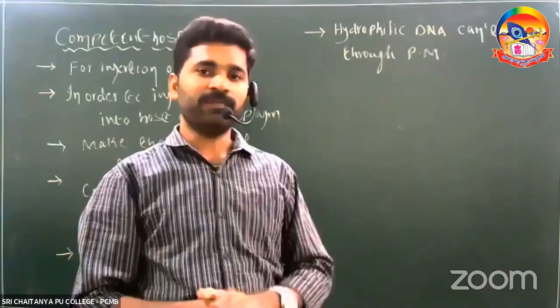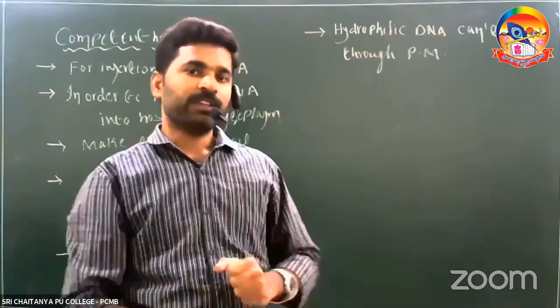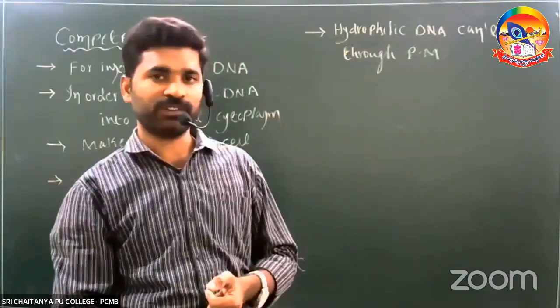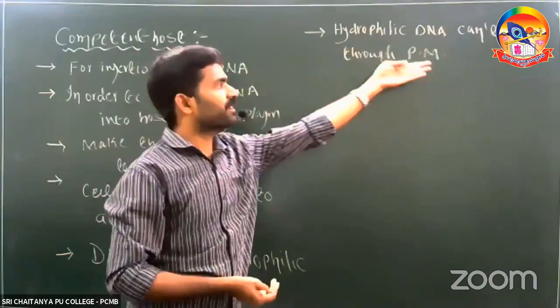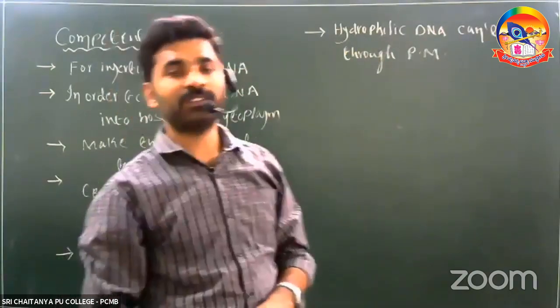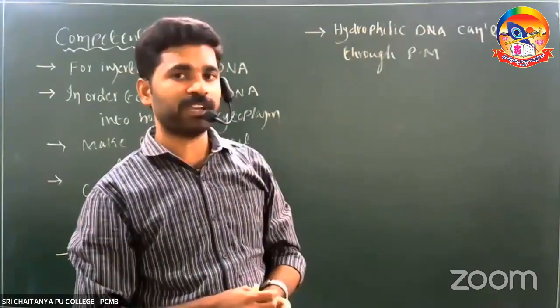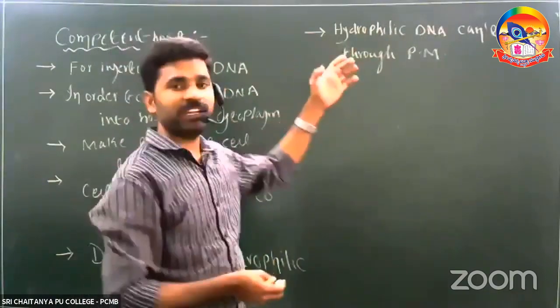In a bacterial cell, the cell is enclosed by a rigid cell wall and plasma membrane. The cell wall is permeable in nature. It allows all molecules from outside to inside. But what about the plasma membrane or cell membrane? It is selectively permeable. Is it hydrophilic or hydrophobic in nature? Hydrophobic. Why?